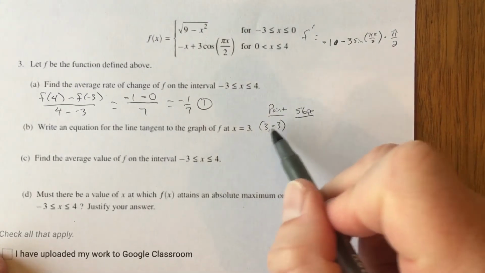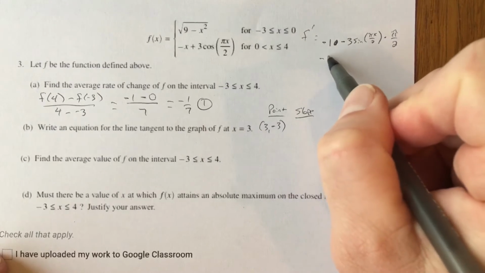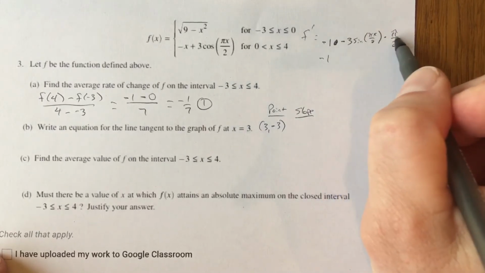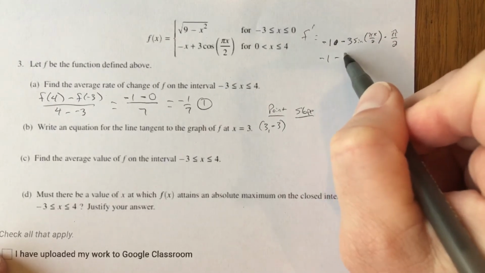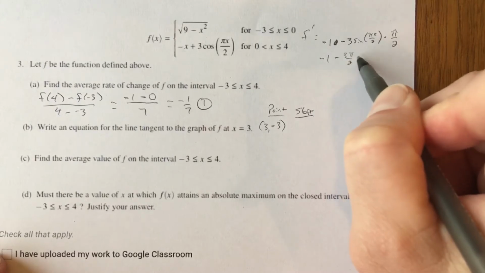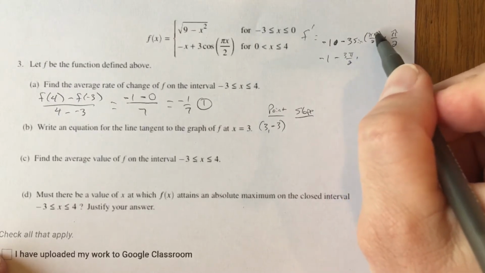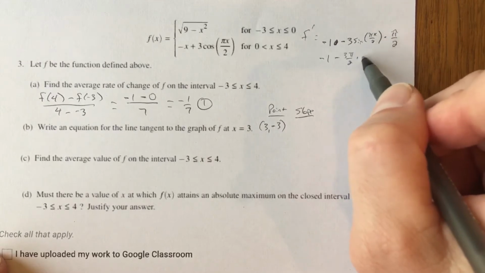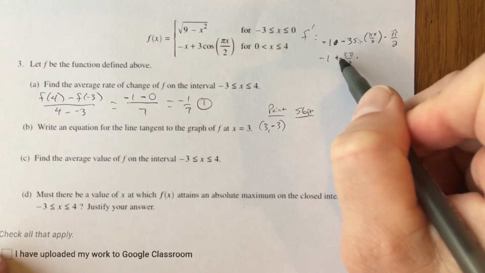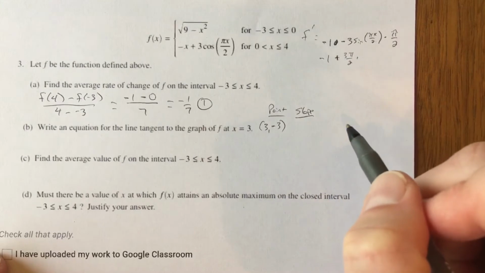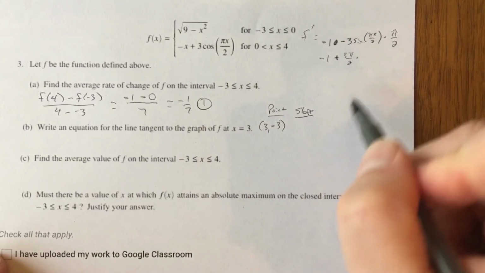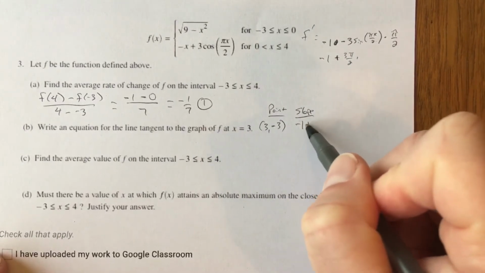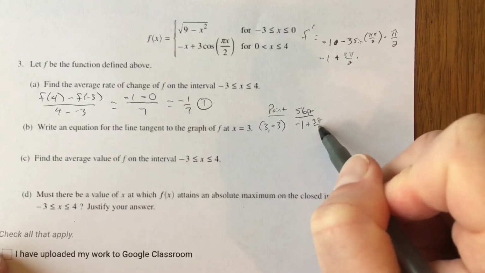Okay, so when I put 3 into this, I'm going to get -1. I'm going to bring this pi over 2 here, so -3 pi over 2 times the sine of 3 pi over 2, and the sine of 3 pi over 2 is -1, so that'll turn this into a plus.